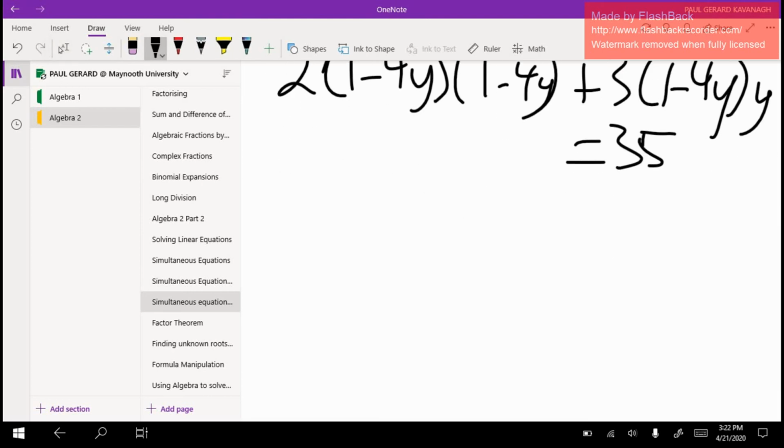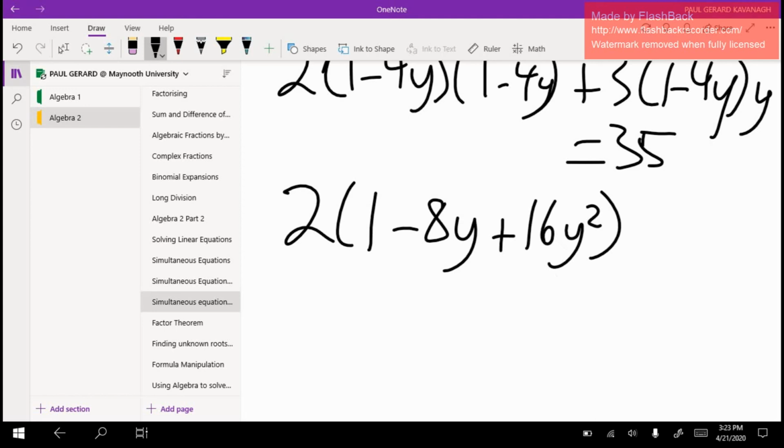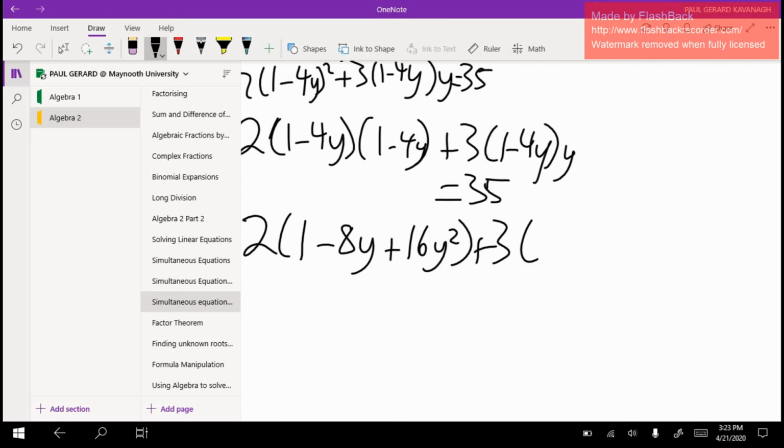So you can multiply the two expressions out of the 1 minus 4y. 2 times 1 minus 8y plus 16y squared, plus 3y times 1 minus 4y. It's simpler to just do that straight away so you don't have to worry about it later. Equal to 35. So now what you want to do is basically bring this down to a single expression in y.